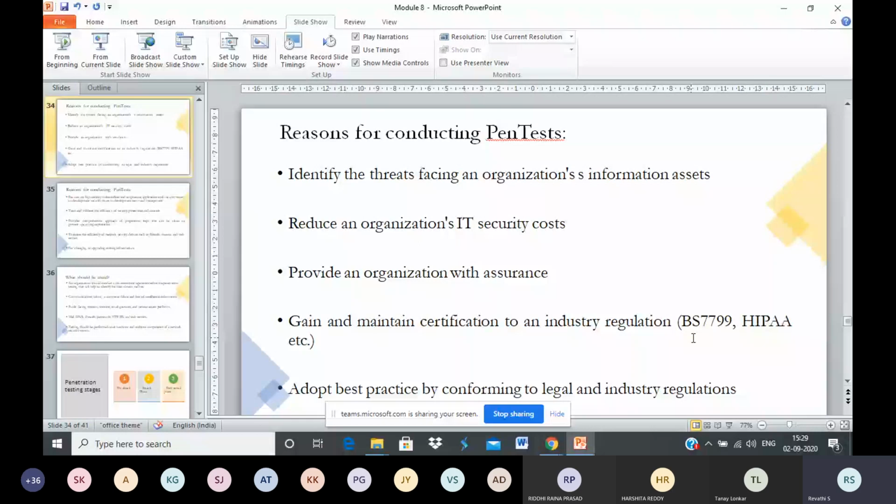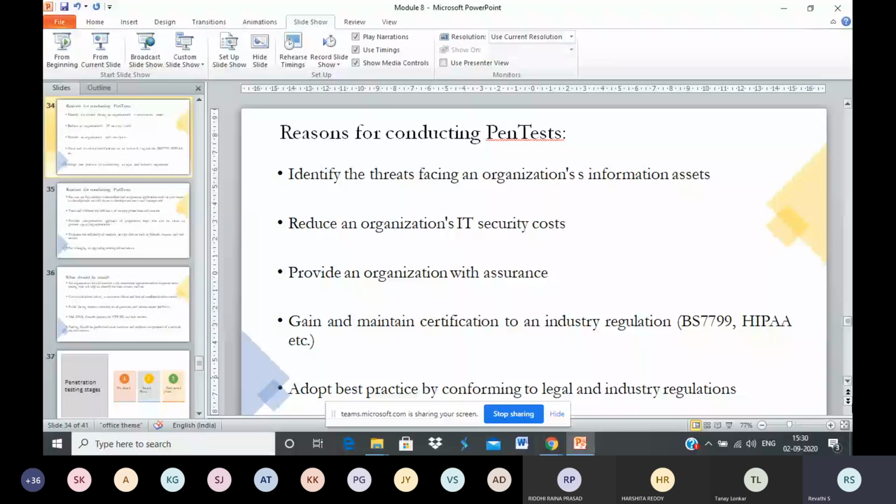If you want to approach some health industry, and they have a certification that they are a HIPAA certified industry, then directly you have confidence that you can associate with that industry. You will get that certification only if you do pen testing.